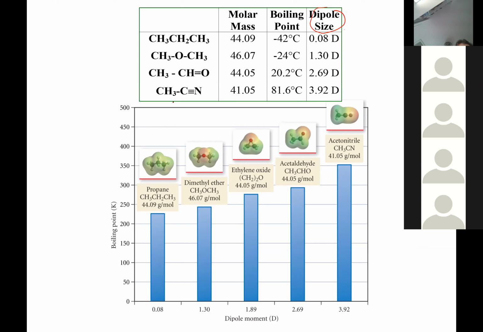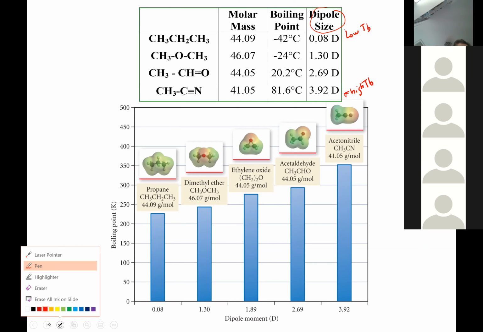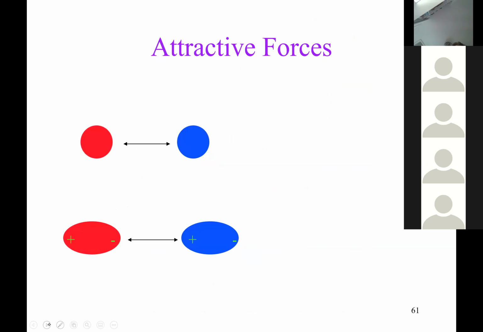This is acetonitrile, and it has 3.92 dpi, and it has the higher boiling point. Again, the attractive forces. This would be dispersion. This is going to be dipole-dipole.